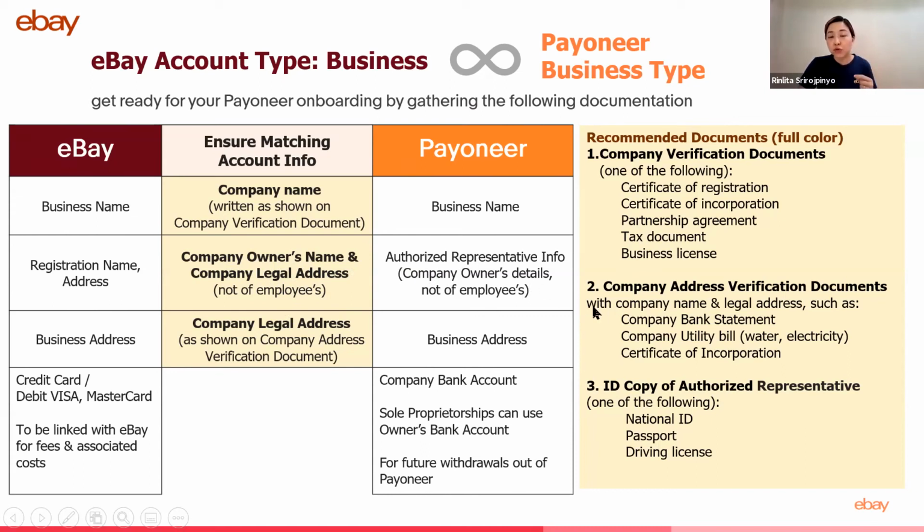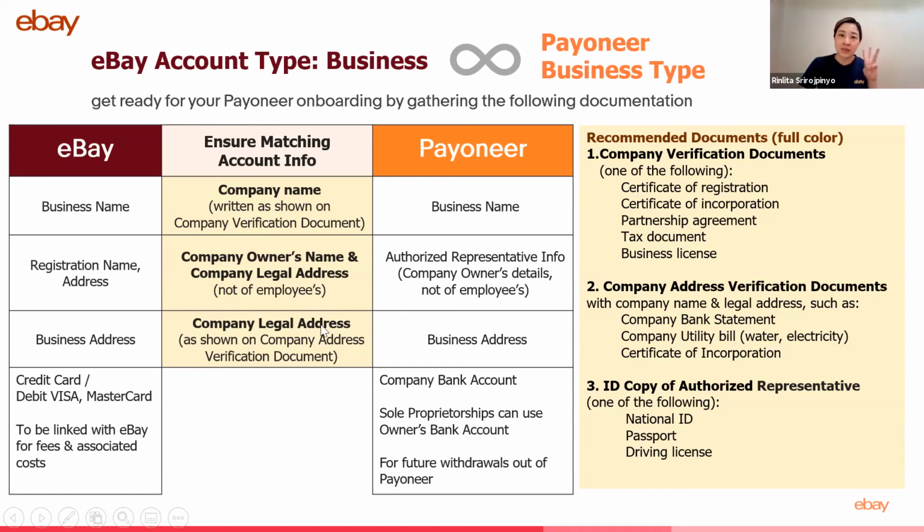For the proof of legal address, you will need to provide either the bank statement of the company, the utility bill of the company, or the certificate of incorporation. Again, on those documents, it has to show the company name and the legal address.